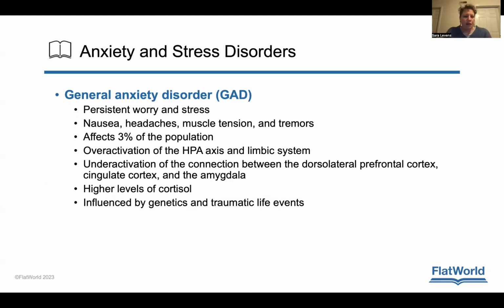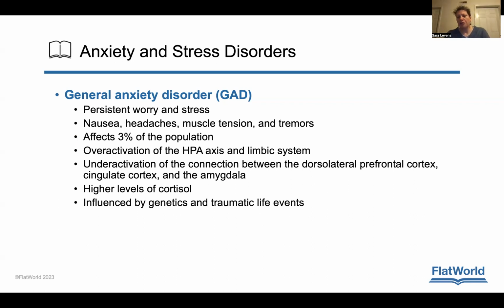We also have anxiety and stress disorders. So generalized anxiety disorder, GAD, is very, very common, and I think even more so now, during the pandemic and post-pandemic. GAD is associated with persistent worry and stress, nausea, headaches, muscle tension, and tremors.